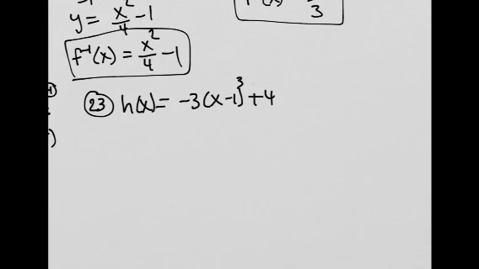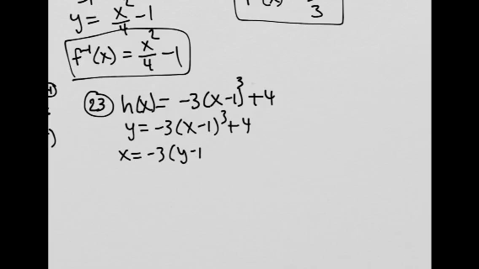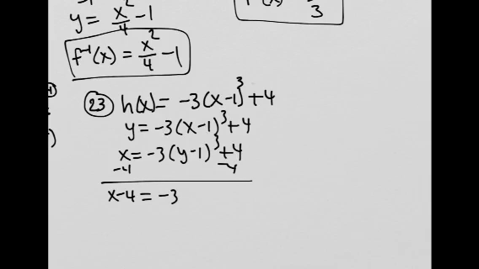Okay, so h of x is y. And I'm going to switch the x and the y. So now I'm going to solve for y. So we subtract 4. So that gives you x minus 4 equals negative 3.